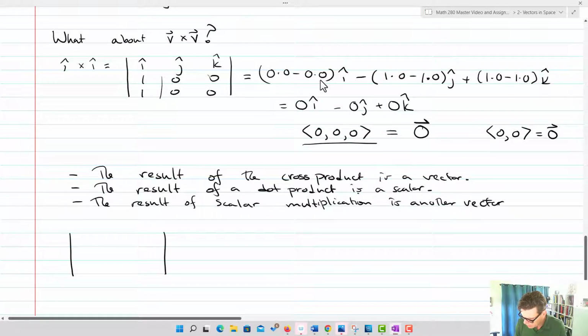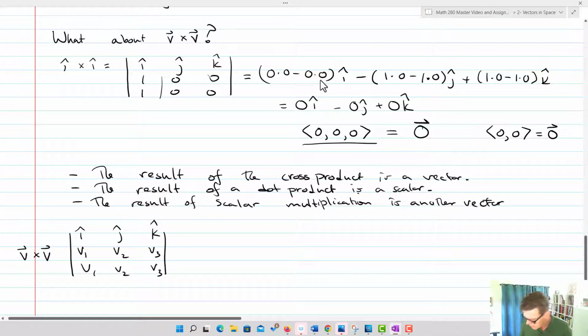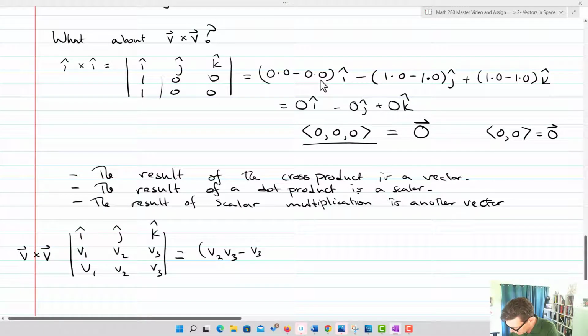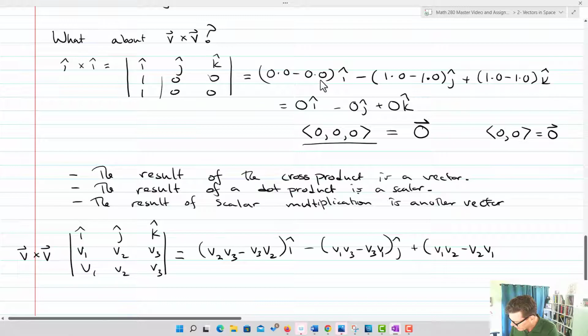So let's actually look at and prove what happens when we cross a vector with itself. So take v cross v. I've got i, j, and k, my component vectors. So I've got v1, v2, v3, and v1, v2, v3. And so when I cross them, what you'll see is you've got (v2 v3 minus v3 v2) i, minus (v1 v3 minus v3 v1) j, plus (v1 v2 minus v2 v1) k.